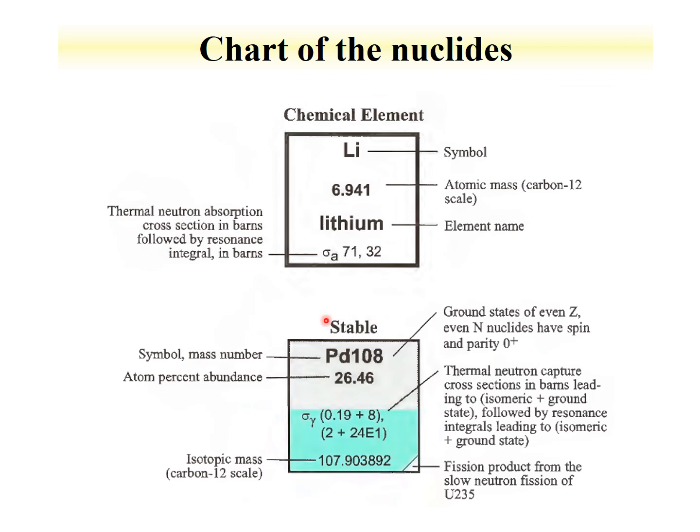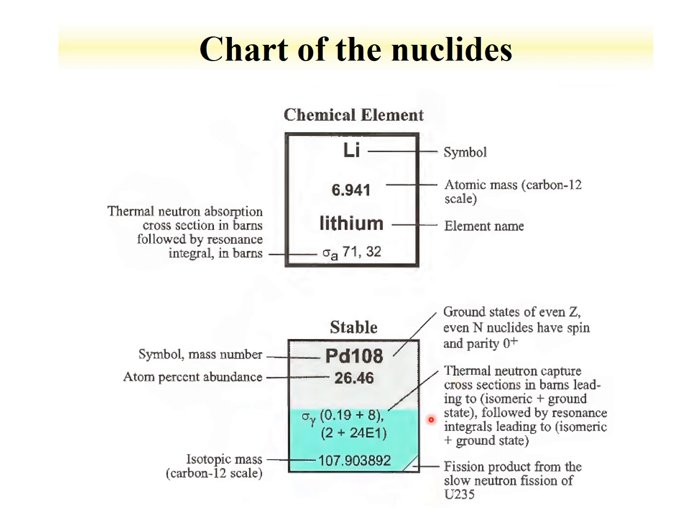For a stable isotope, which is listed in gray, stable or very long-lived isotopes are in gray. You get the symbol, the mass, the atomic percent abundance, the ground state spin and parity, as we stated earlier, even nuclei are 0 plus.